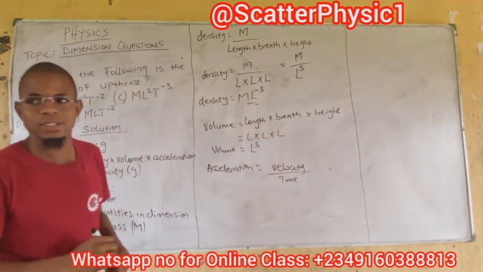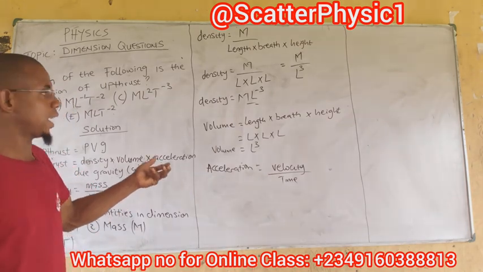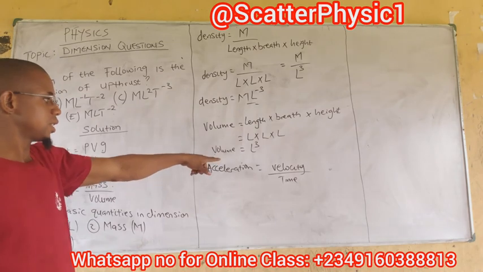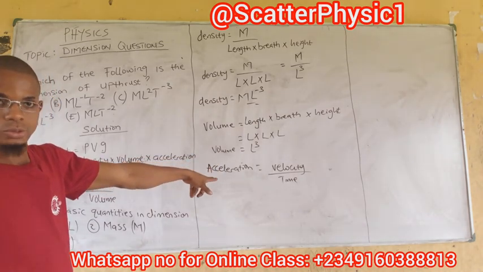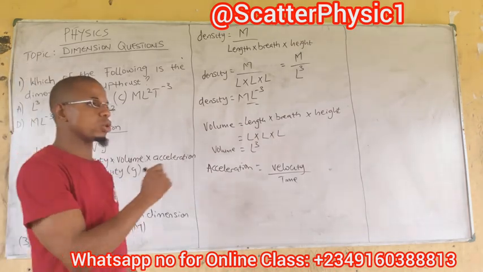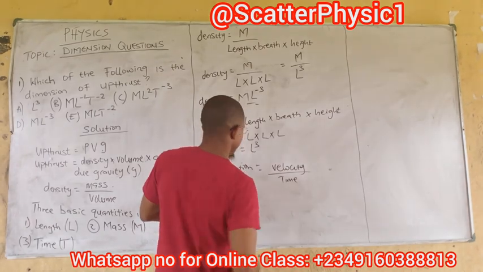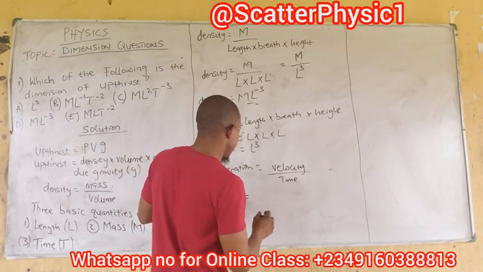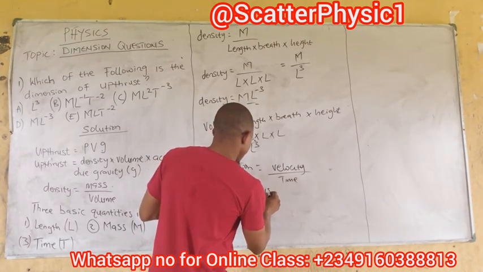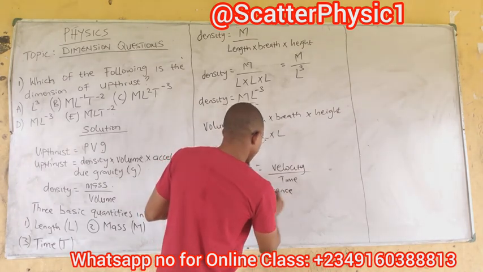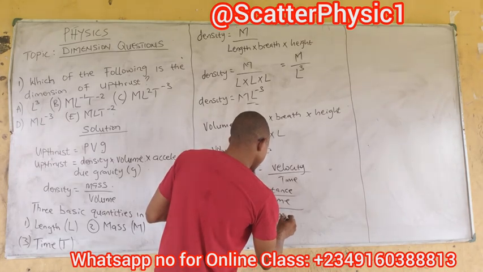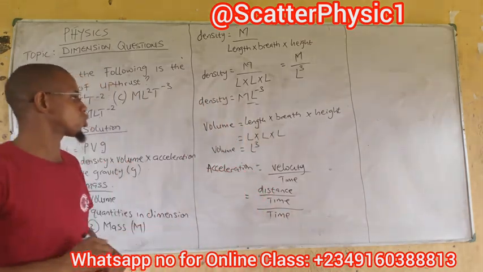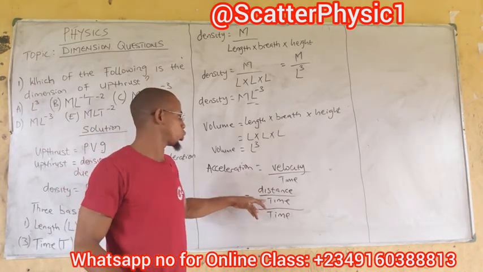If you look, there are some calculations, which is why you have to pay very good attention. This is velocity over time, and the formula for velocity is distance over time. If I want to solve it differently, I can say velocity is equal to this.